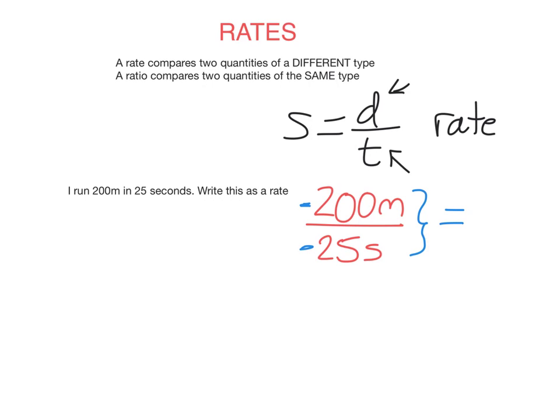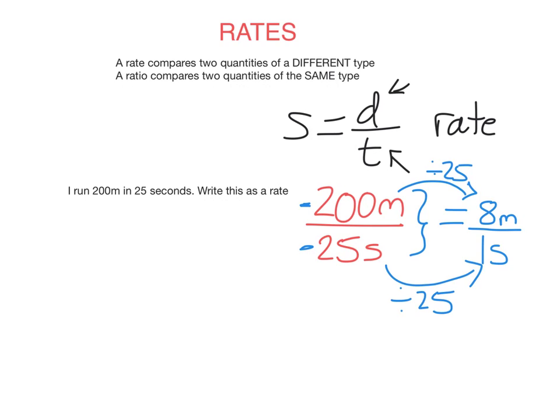If I want to convert this to 1 second, just like for normal fractions, what I do to the top, I have to do to the bottom. To go from 25 seconds to 1 second, I divide by 25. So I've got to do the exact same to the top, dividing by 25, so that these fractions are the same. 200 divided by 25 is 8.